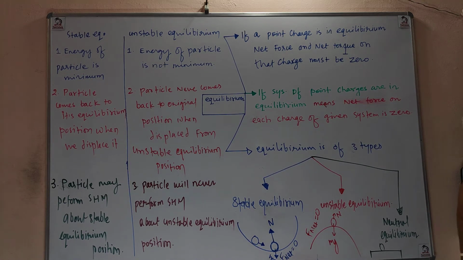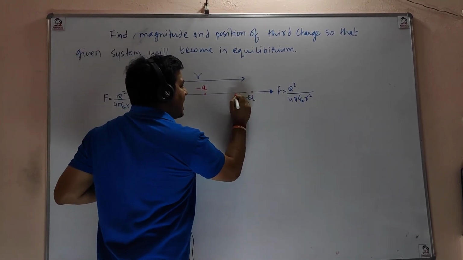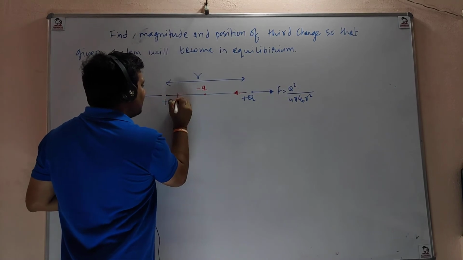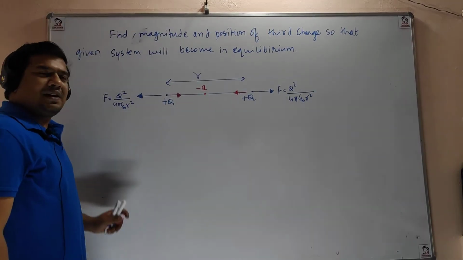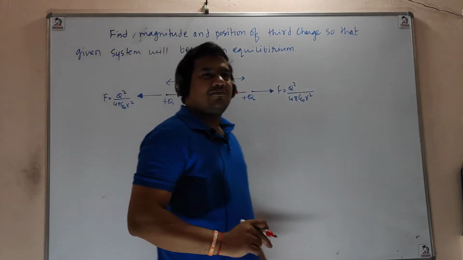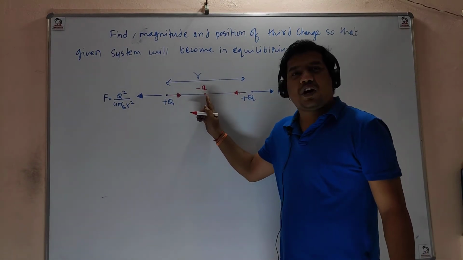Difference. A minus q charge at the center. So this minus q charge will start attracting this as well as this. Pratik, you were thinking about equilibrium of only this, but Abhijit is thinking about equilibrium of both. Agree? So if we put a minus charge at the center, what will happen?